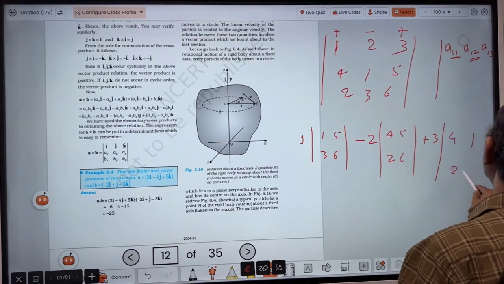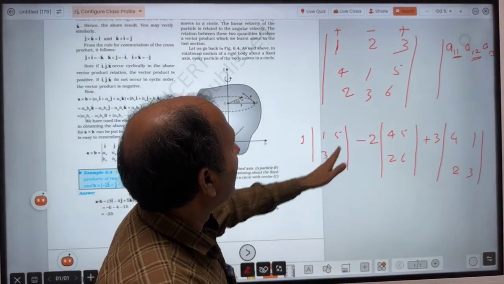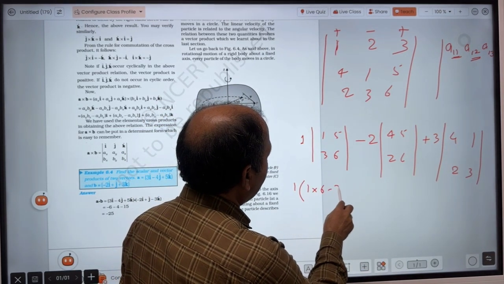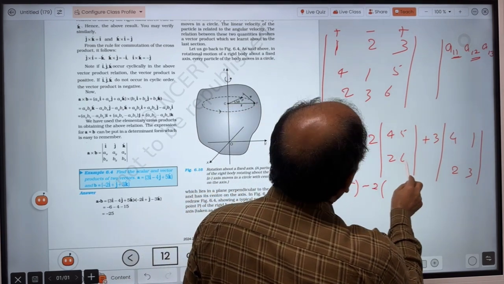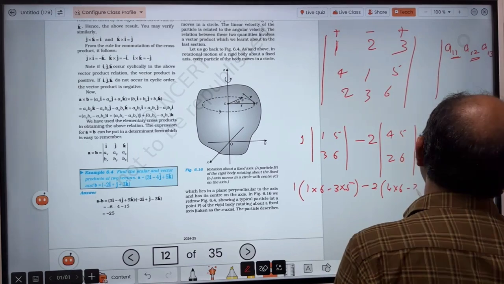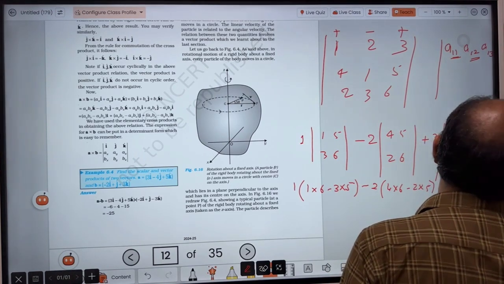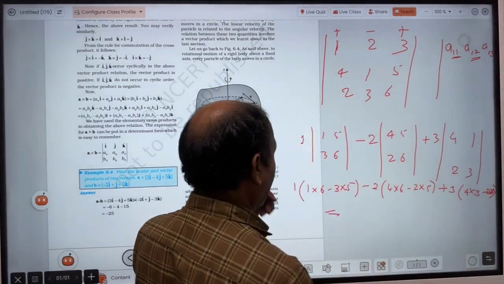So 4, 1, 2, 3 is left. Now as you know how to evaluate, 1 into 6 minus 3 into 5, and then minus 2 times 4 into 6 minus 2 into 5, and plus 3 times 4 into 3 minus 2 into 1. Just evaluate, you will get the answer.